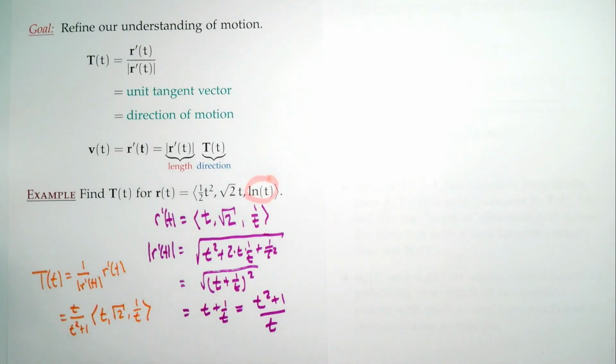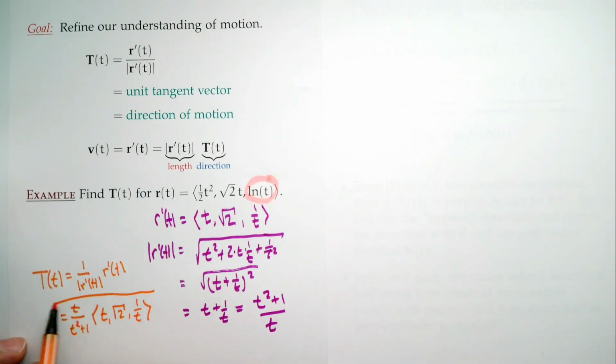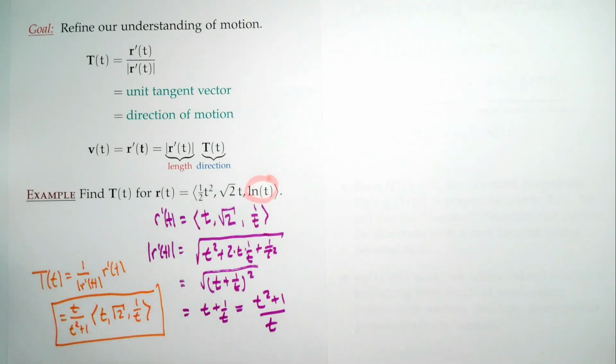Now at this stage, you can, if you want, multiply that factor in the front through. But unless there's a compelling reason, this is also a perfectly valid answer. It's a scalar times a vector, and that is what we're looking for.